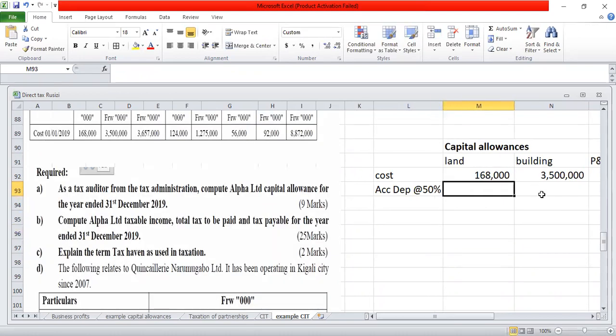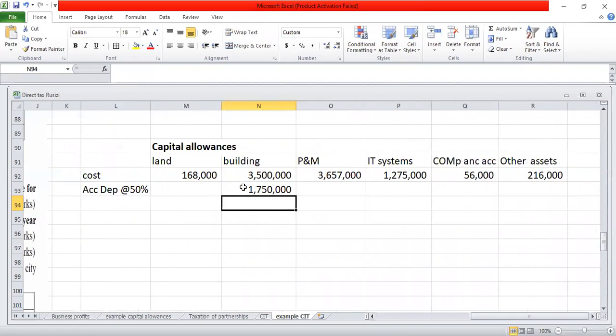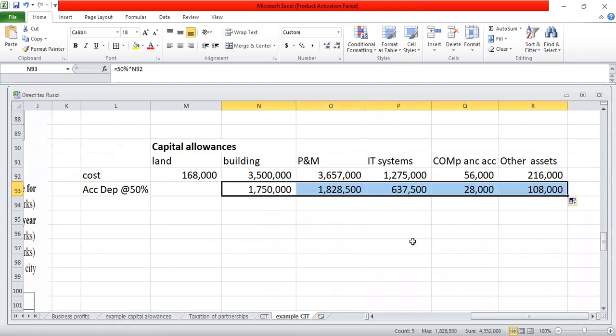So here it's going to be 50% times this. So the good thing, all the assets I'm seeing here, they qualify.